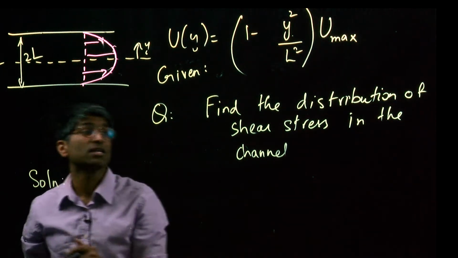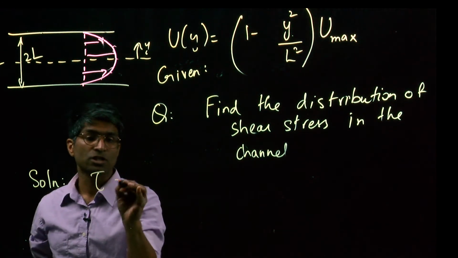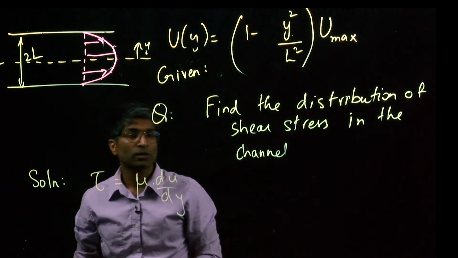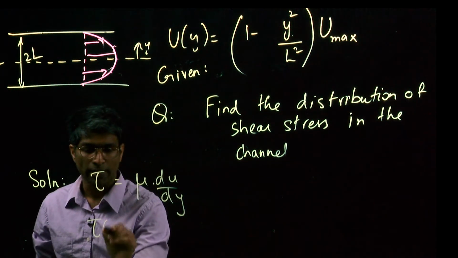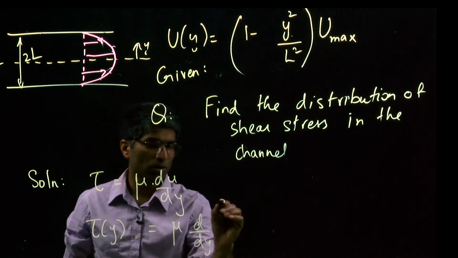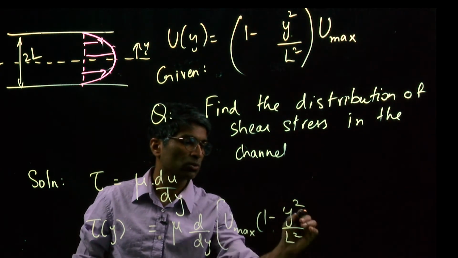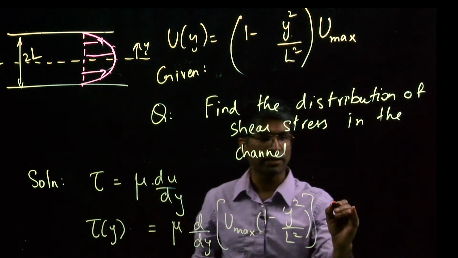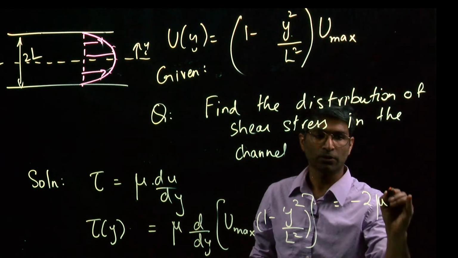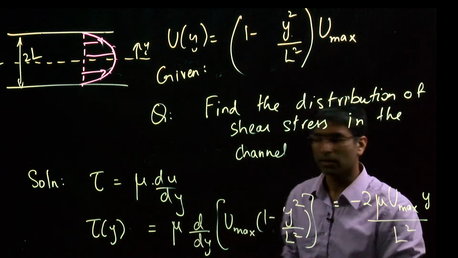So if this fluid has a viscosity mu, a dynamic viscosity mu, the shear stress is given by mu times du dy, and therefore the stress tau of y is given by mu times d by dy of u max times 1 minus y square over L square, and so that gives you minus 2 mu u max y over L square.